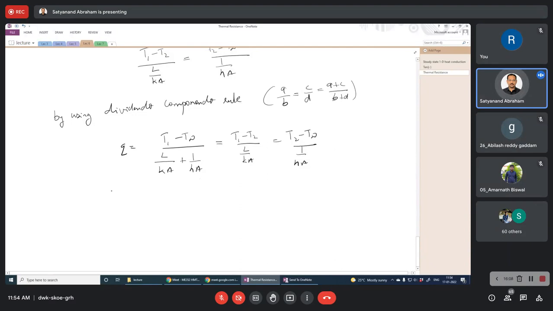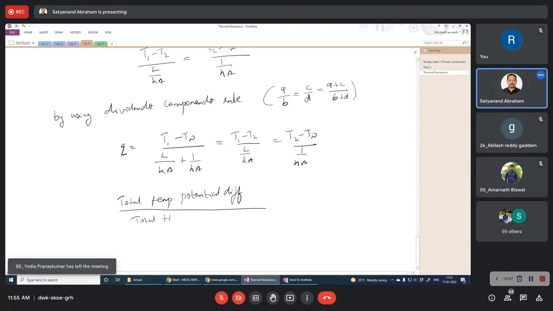Or we can write it as total temperature potential difference divided by total thermal resistance.